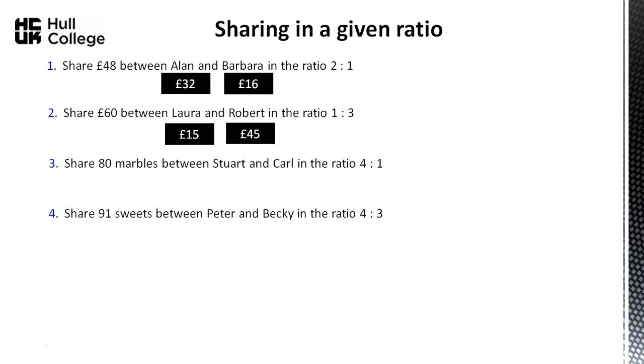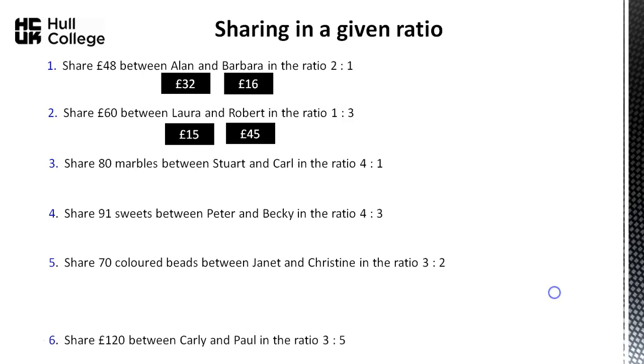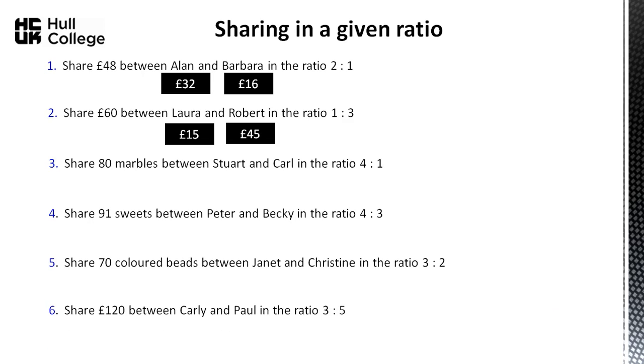Question 4. Share 91 sweets between Peter and Becky in the ratio 4:3. Number 5. Share 70 coloured beans between Janet and Christine in the ratio 3:2. And number 6. Share £120 between Carly and Paul in the ratio 3:5. Pause the video while you answer the questions.